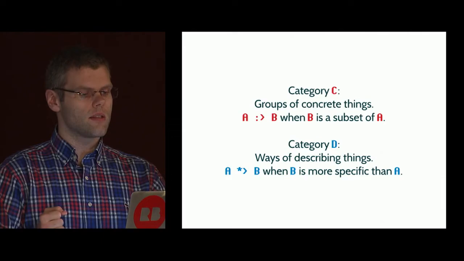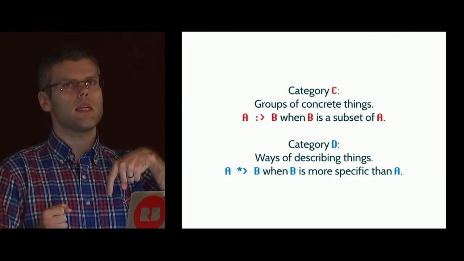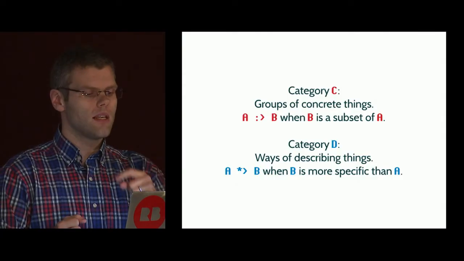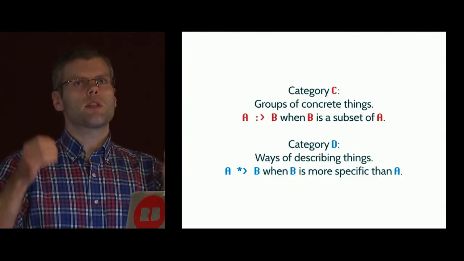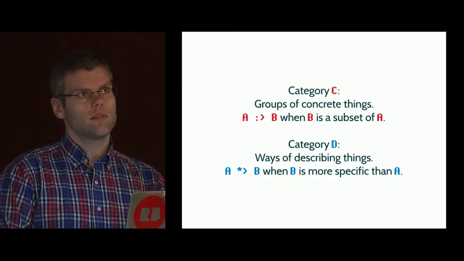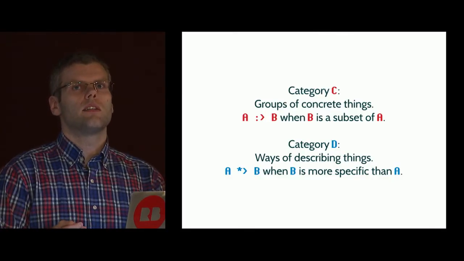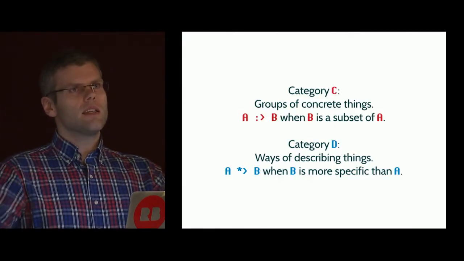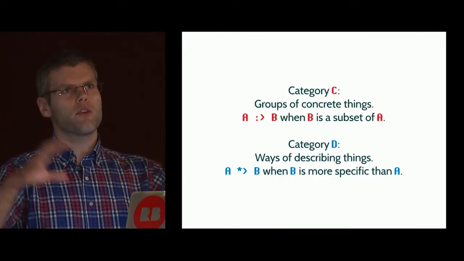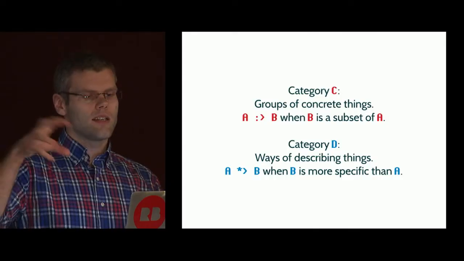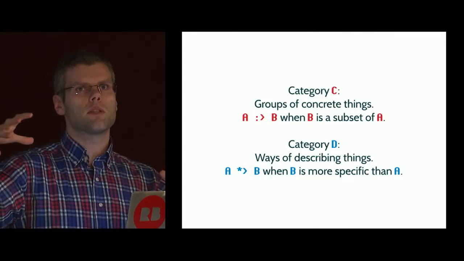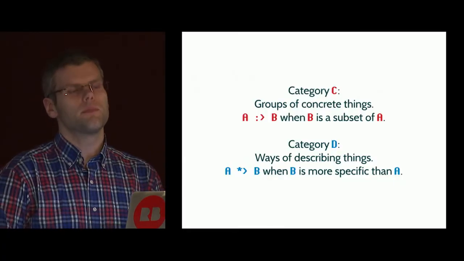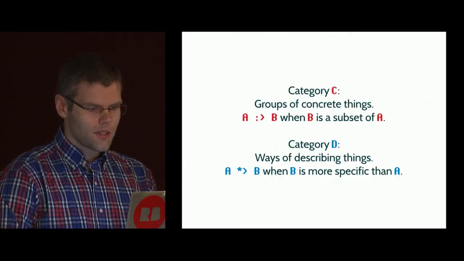That is, there's an arrow from the description A to the description B when B is a more specific description than A. For example, furniture is a less specific thing than saying auditorium seat, right? Okay, simple enough.